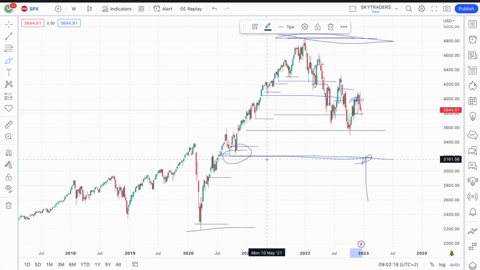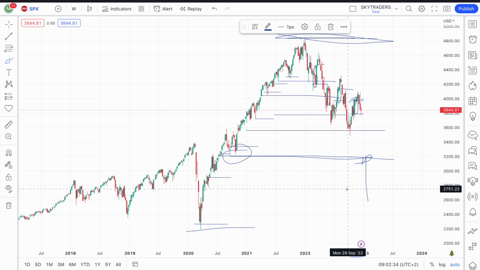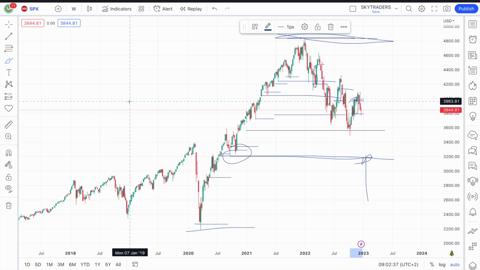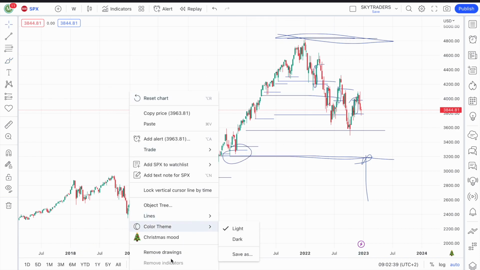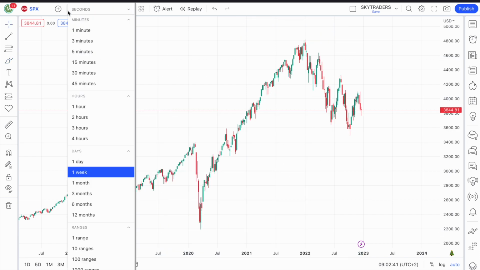That's why it's trapping traders, trying to deceive and manipulate the traders out there in the market, making them think that we end the downtrend or we're starting a new trend, but this is not the case, right? So let's remove the drawings and move to the daily time frame.